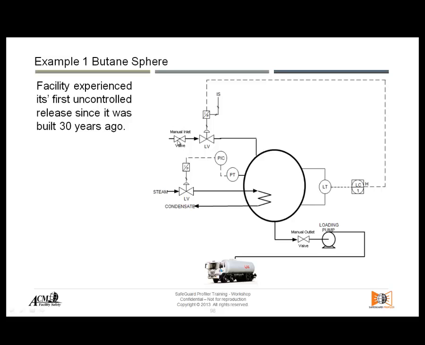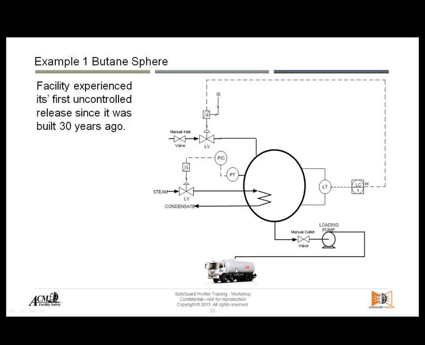of a simple butane sphere. We can see here there's a manual inlet with product. Then there is a level controller of the butane sphere inside that is controlling this level valve. And also we have steam coming in, depending on temperature, in order to keep the butane or the LPG temperature constant. And then we have here the manual outlet valve for the trucker.